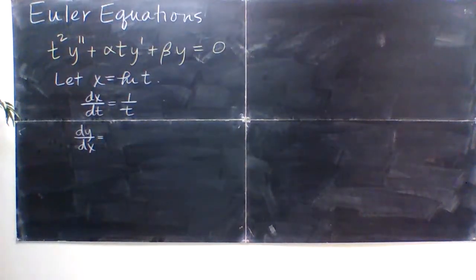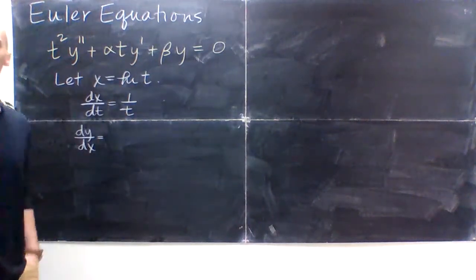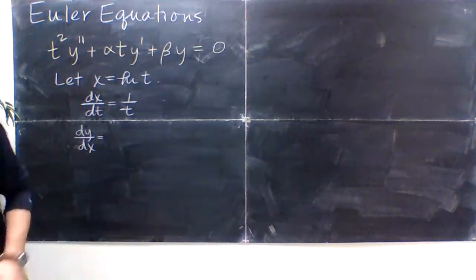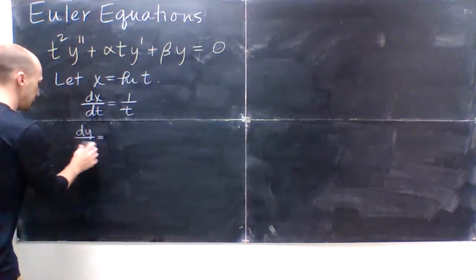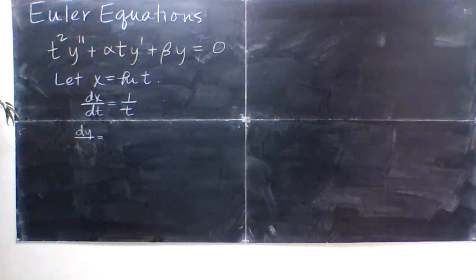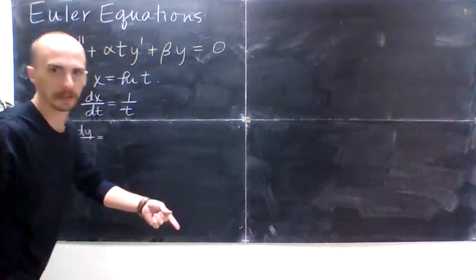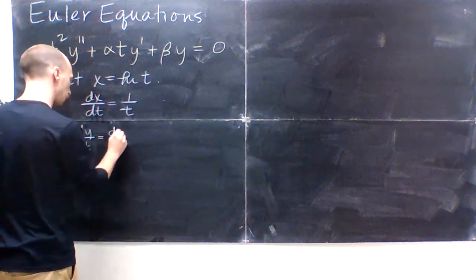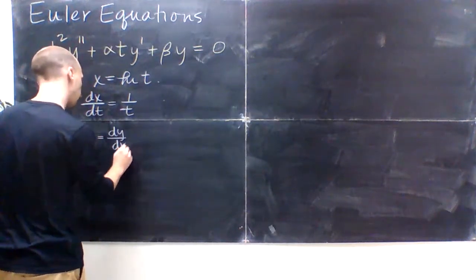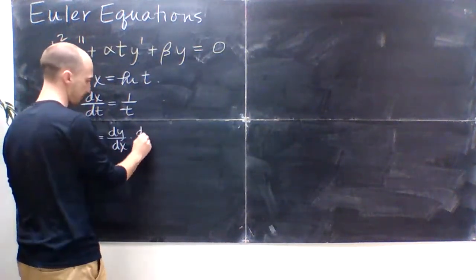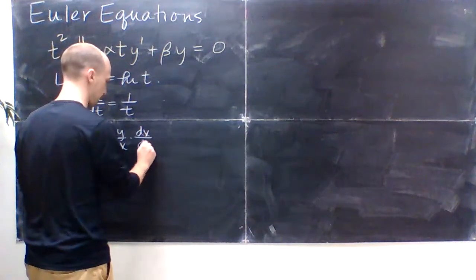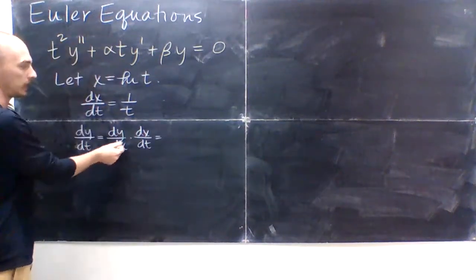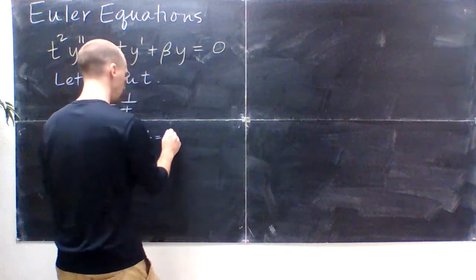I want to say dy dt, because that's what I've got and I'm working with, so it's what I'm going to want to substitute on also. So dy dt is going to be dy dx times dx dt, and so that's dy dx times 1 over t.